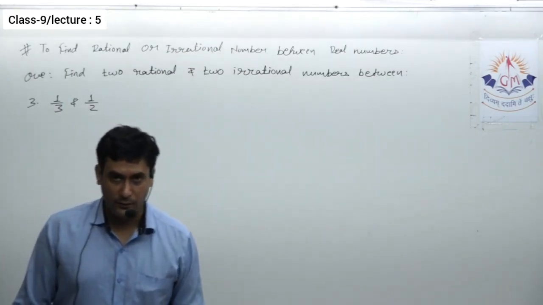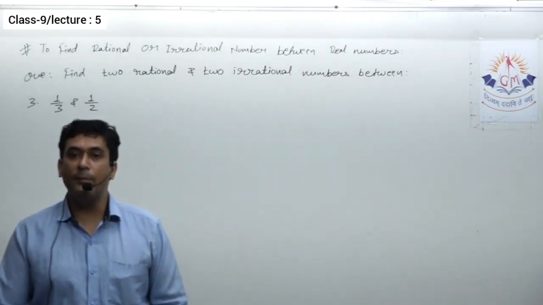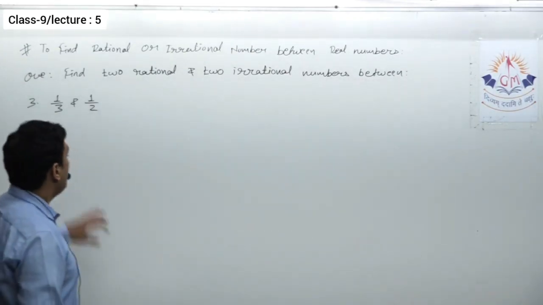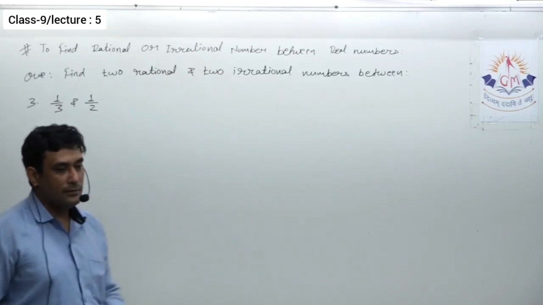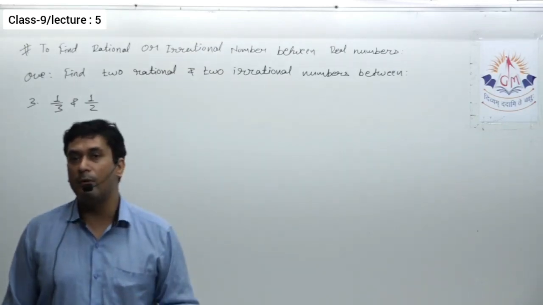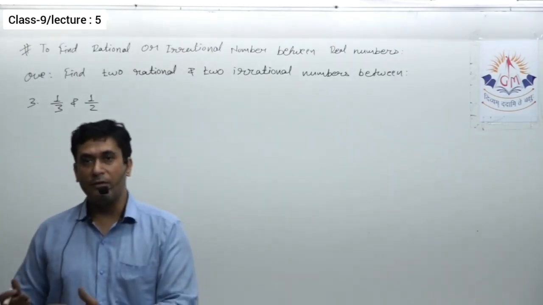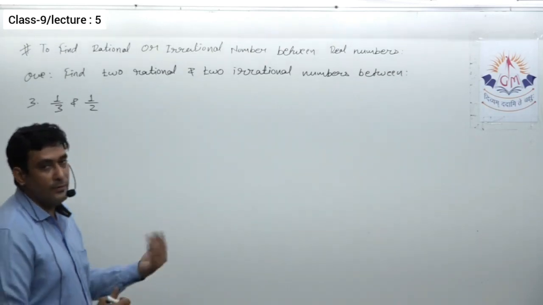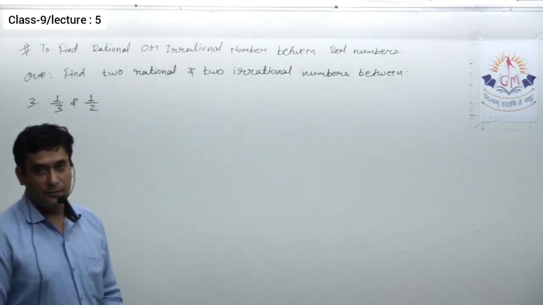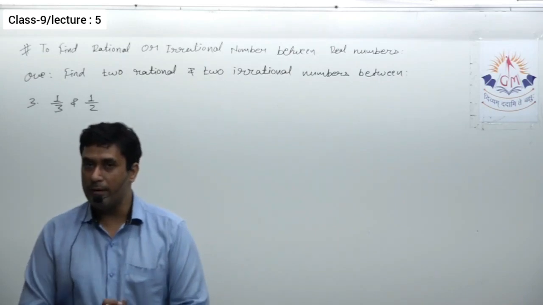That is the easiest way if the numbers are already in p by q form. But to find the irrational numbers, definitely we need their decimal form. So it's better that we find the rational number with the help of decimal form, and after getting the rational number it is always easy to get the irrational number.